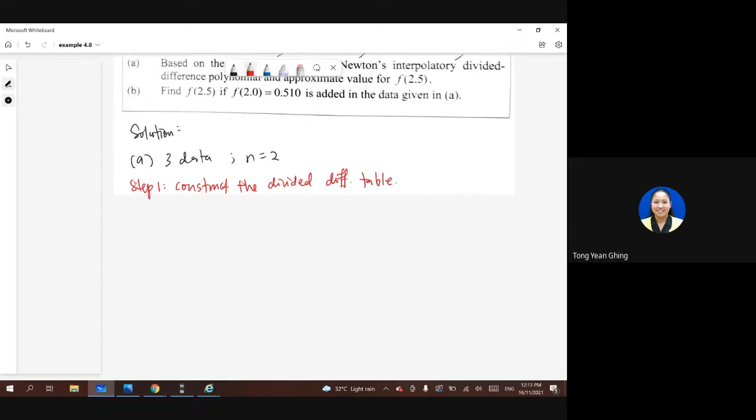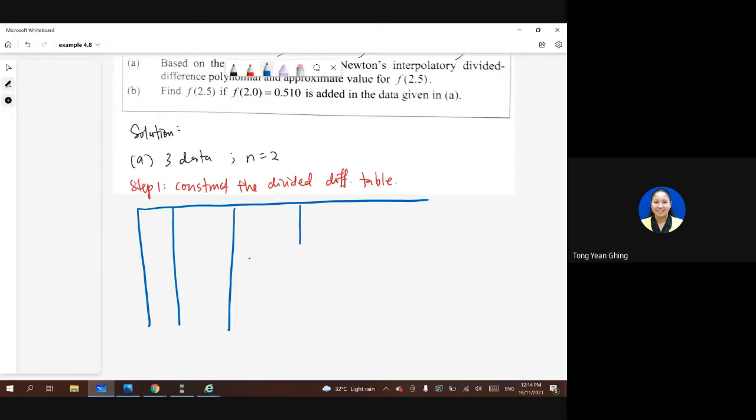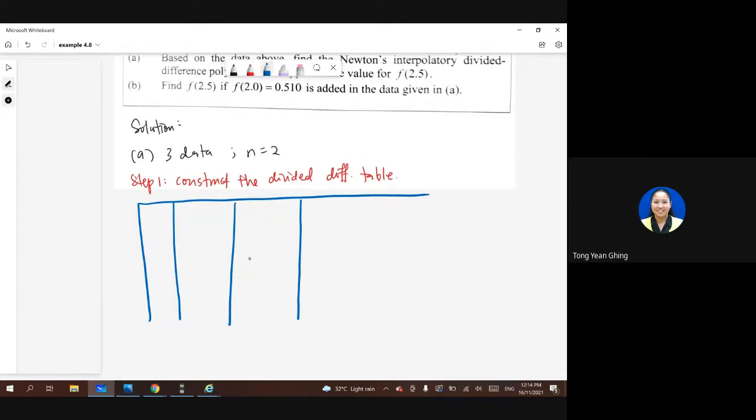So, apa dalam table? Just now, okay, we have I, X, F, 0 degree. So, because this one is N, N equal to 2. So, kita akan ada another, this one is F first degree and then second degree.